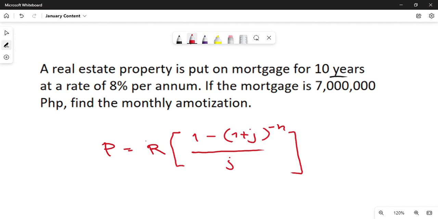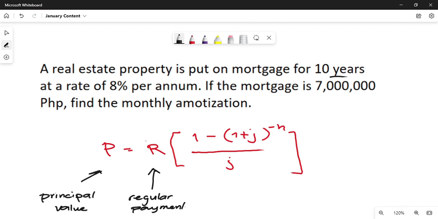I hope you have your scientific calculator with you. For reference, P is the principal value, and R is the regular payment. This is what you will be paying monthly. From this problem, it's monthly.